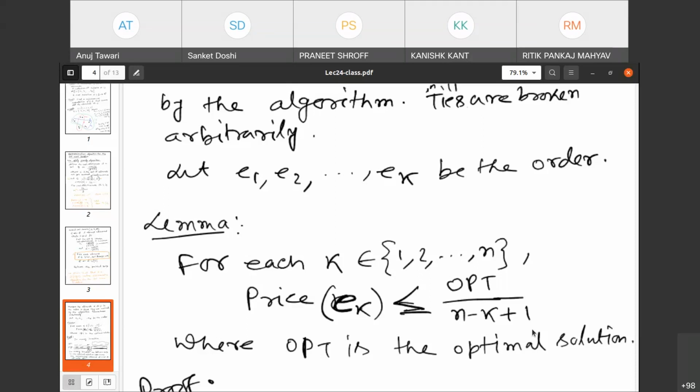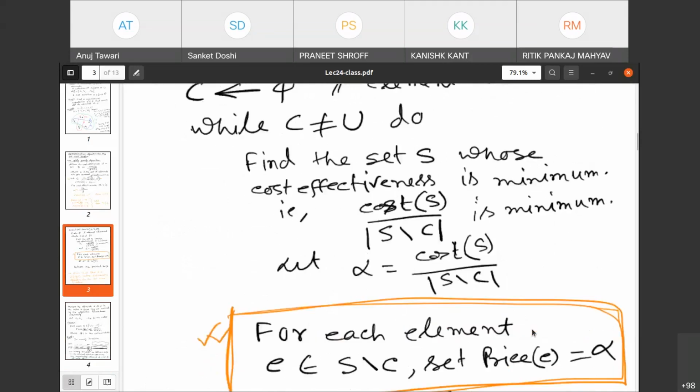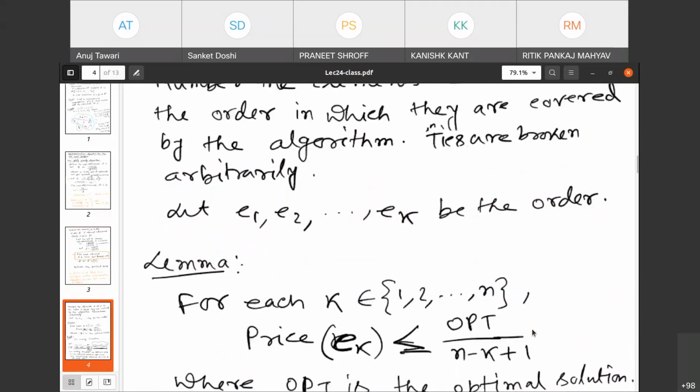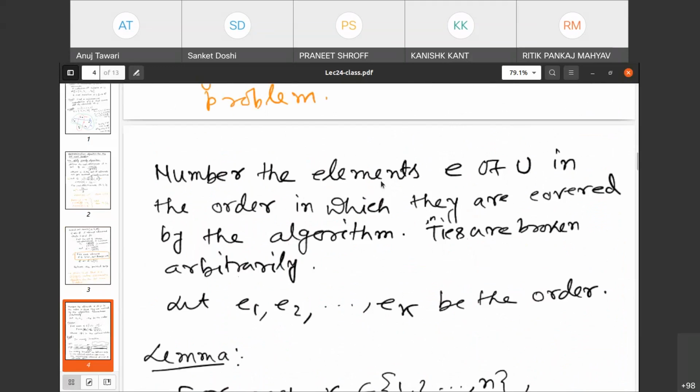One more question. What is Ek? These are just the elements which are contained in the universe. So number the elements in the order in which they are covered by the algorithm. E1, E2 up to En are the elements in the universe.